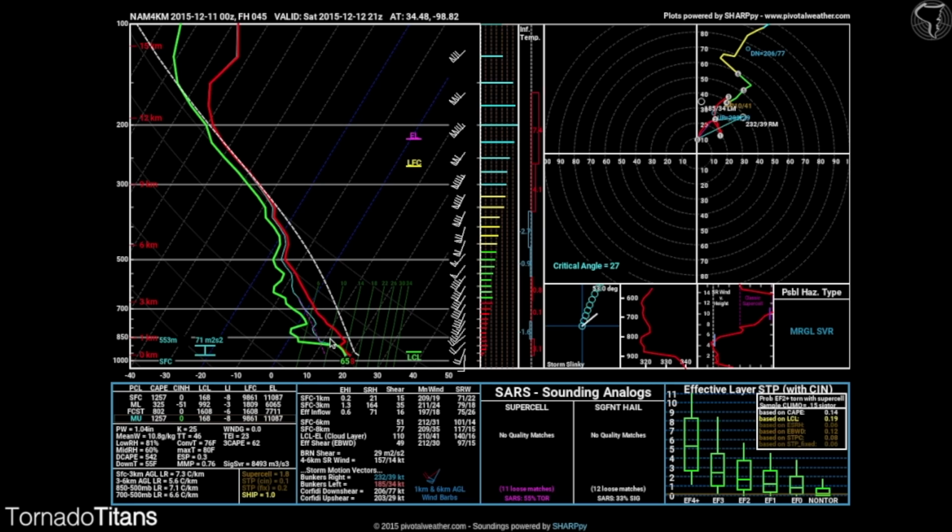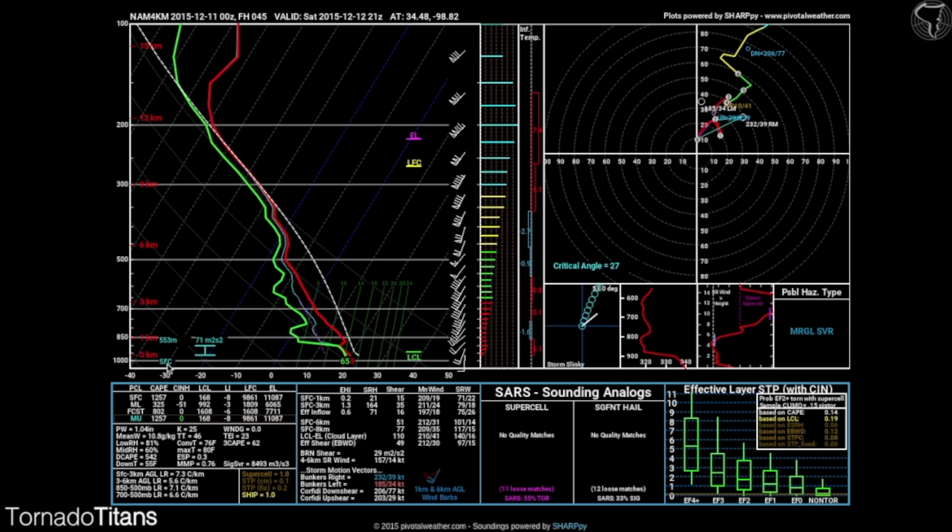Typically, you will see the temperature fall with height like this. When it's falling from bottom right to the top left, that means it is falling with height. Again, these are your temperatures. On the Sharpie soundings, on the left side, you have millibars, and we're going up with height from 1,000 millibars, which is the surface, at least here in Oklahoma.